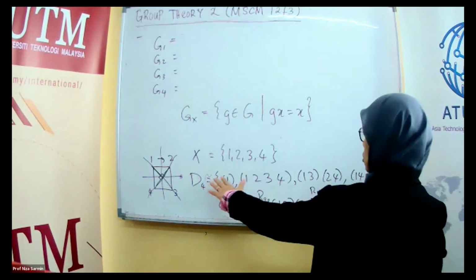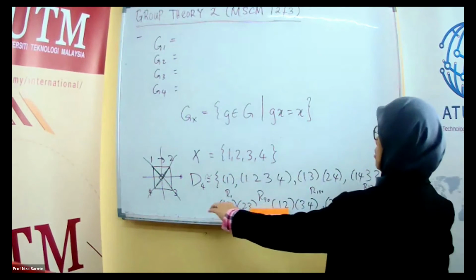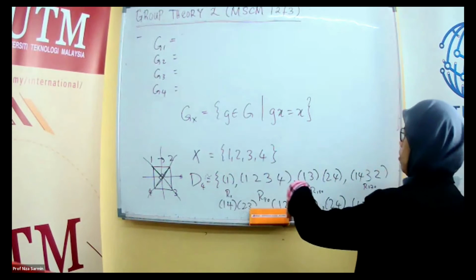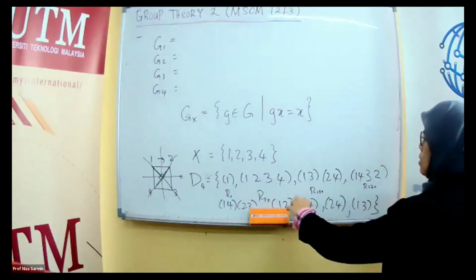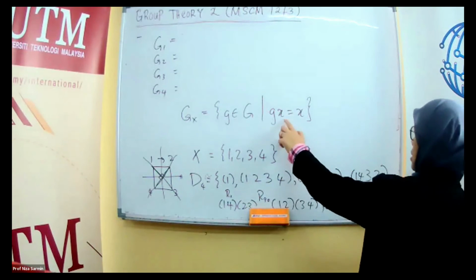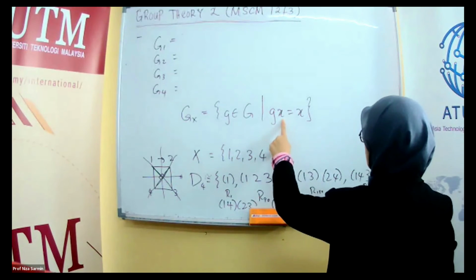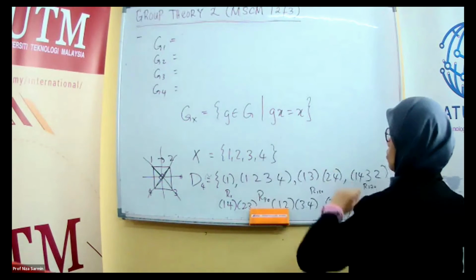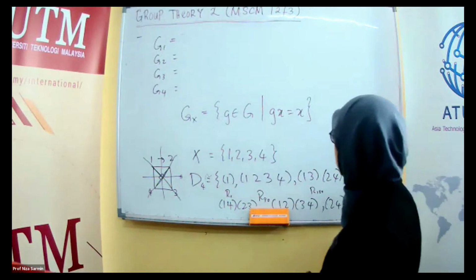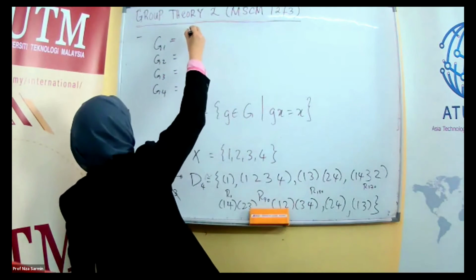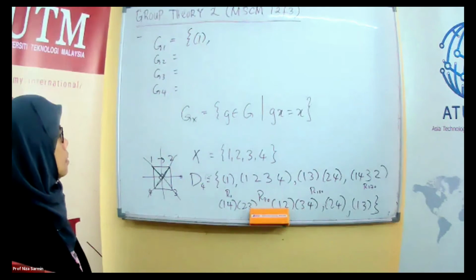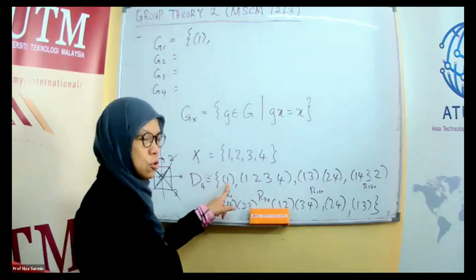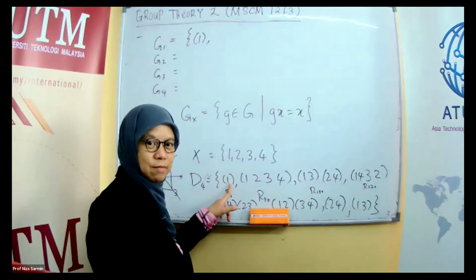So this is part of your D4. You have to find the elements that, when you apply them to x, give x. For example, the identity, right? Because you apply it to 1, it's still 1.